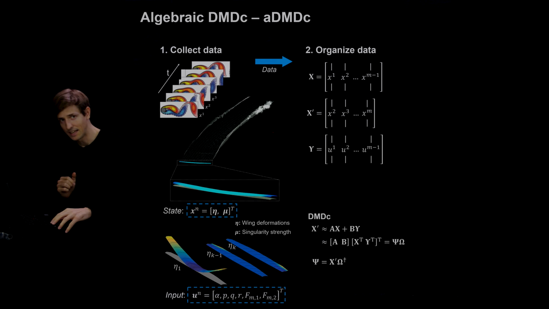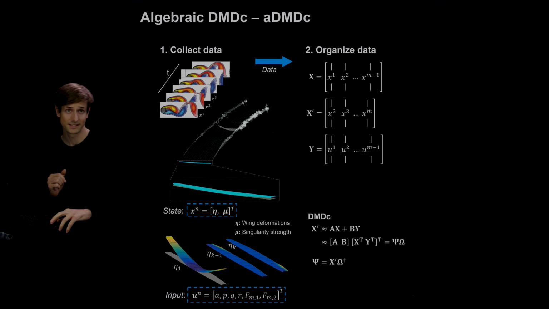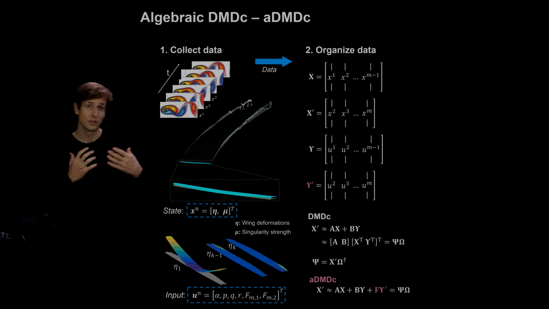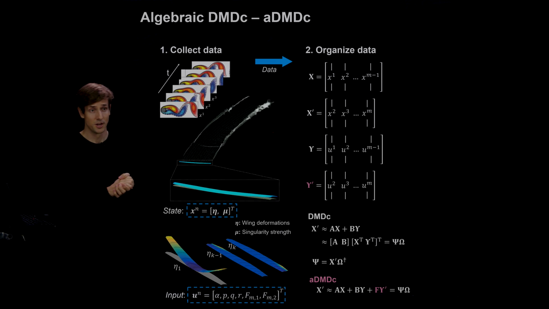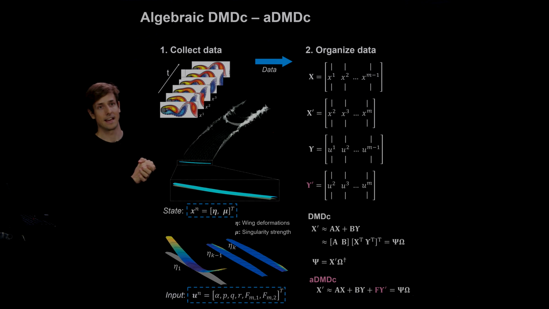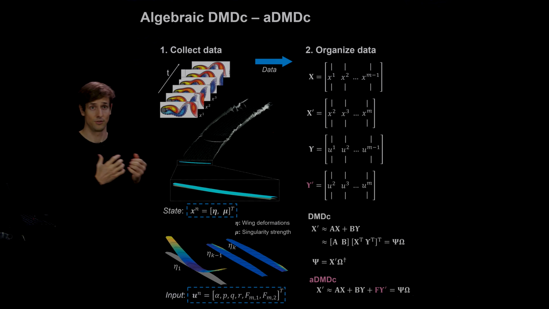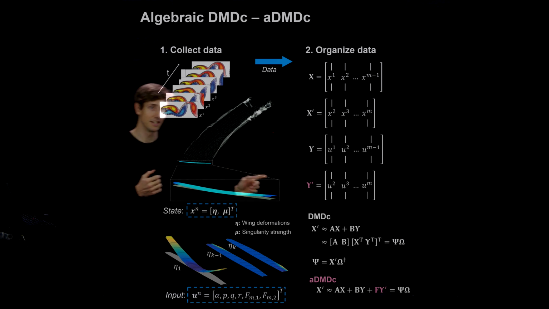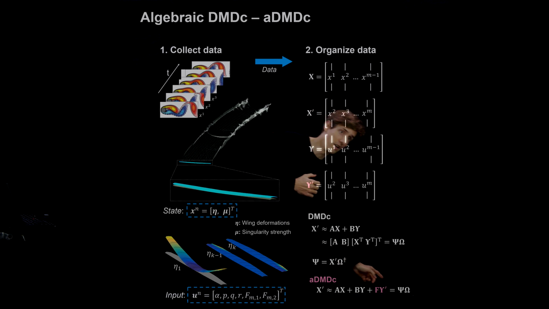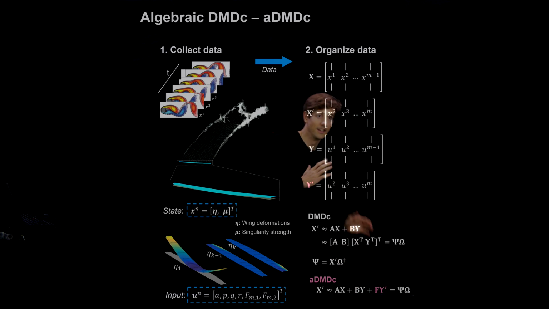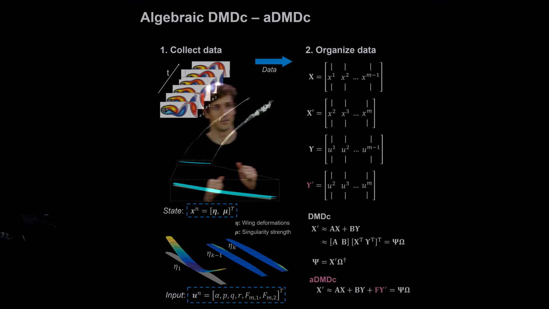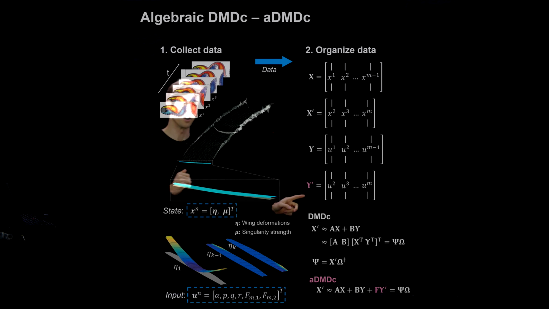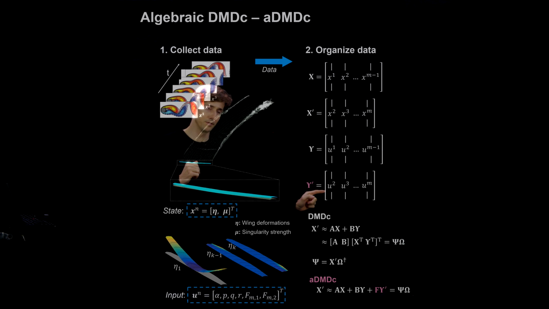And then in the case of our algebraic system, we need to consider those algebraic terms. So we not just find the best fit linear model advancing X into X prime considering the inputs, but additionally we also consider our algebraic terms, so our time shifted inputs. Basically epsilon prime is similar to X prime in that we shift our inputs by one time step.